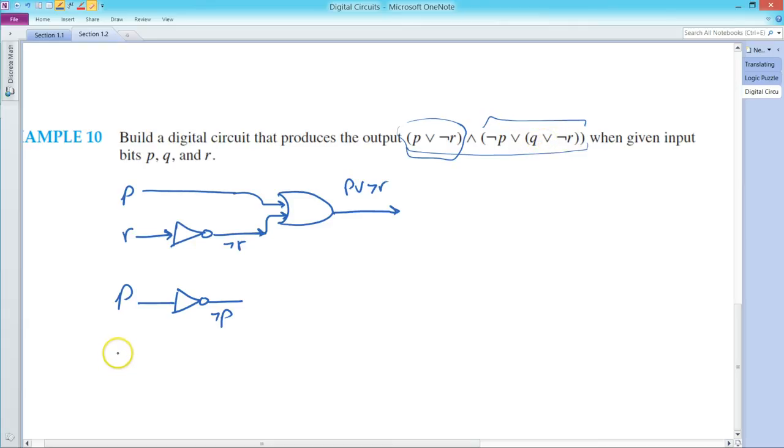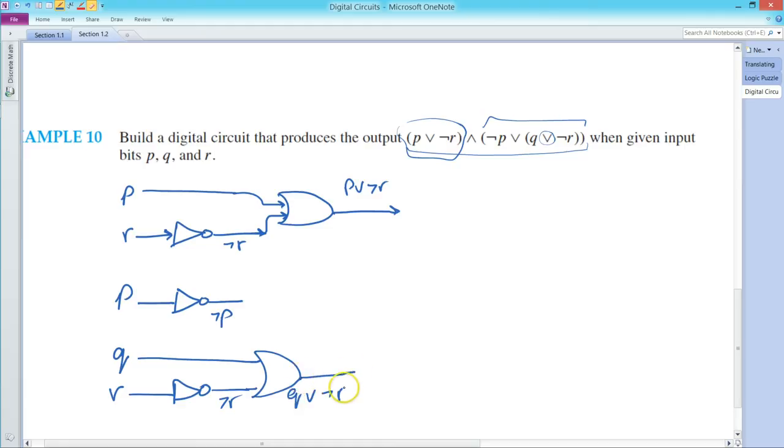So I need a Q and I need a not R. So I'll start with R and invert it, so we'll get a not R. And I'm going to apply this OR operator with the Q. So I'm going to take the Q and the output of the inverter, and this is going to produce Q or not R.